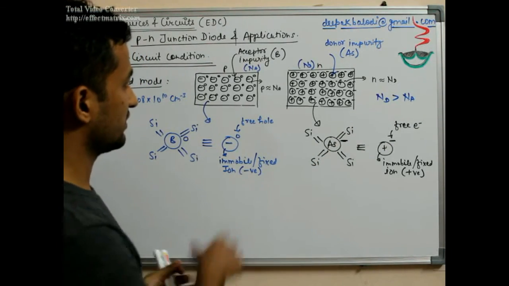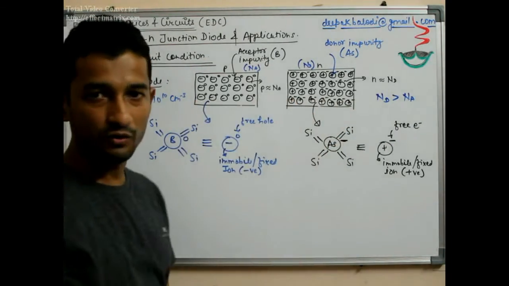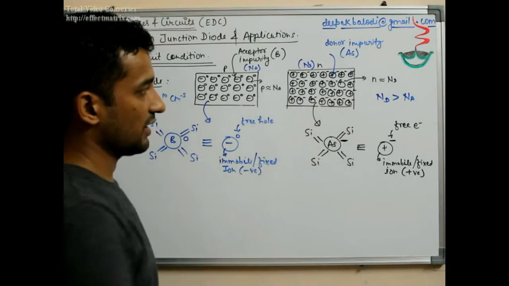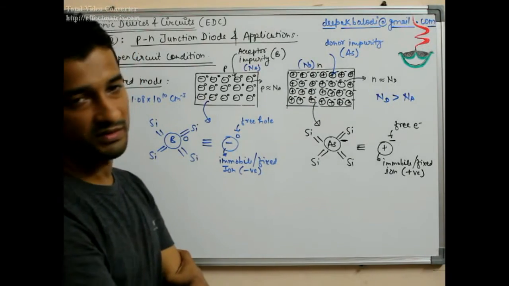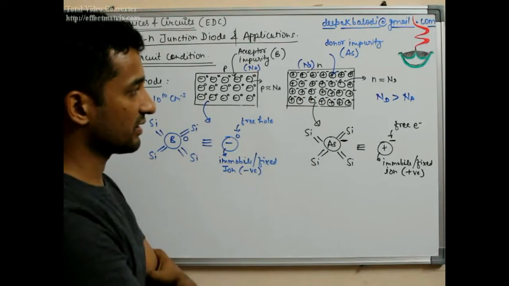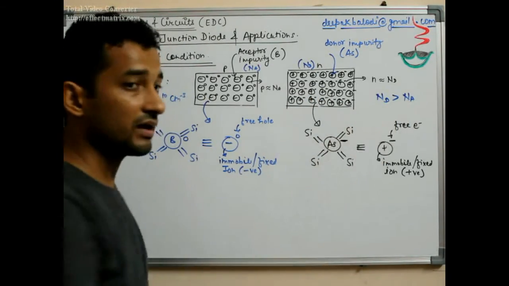As you can see, in the same piece of volume or the same width, I have denoted more free carriers here, more high doping on this side. So Nd is greater than Na in my example.